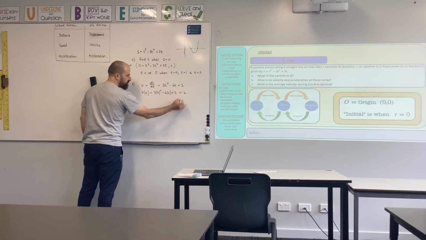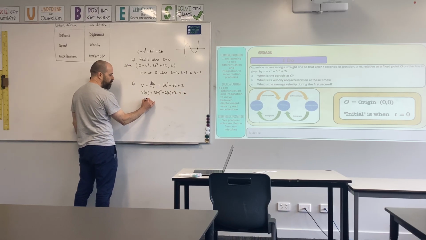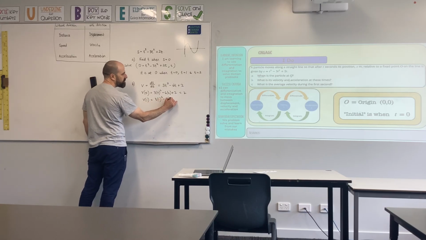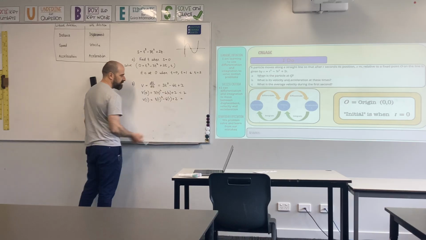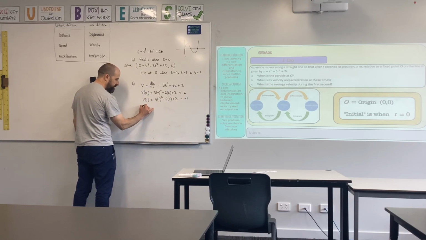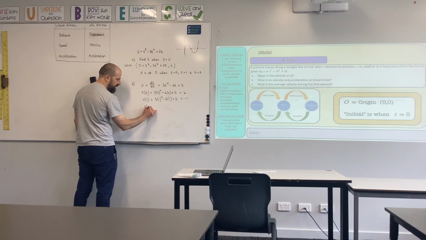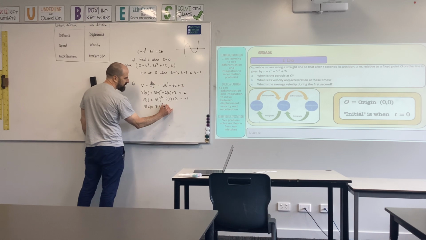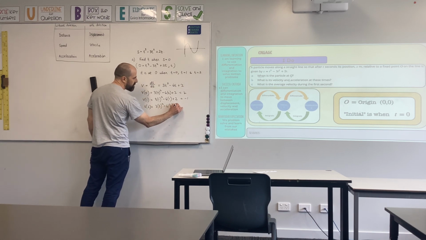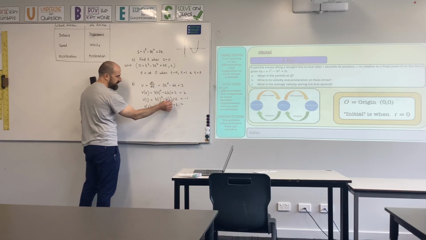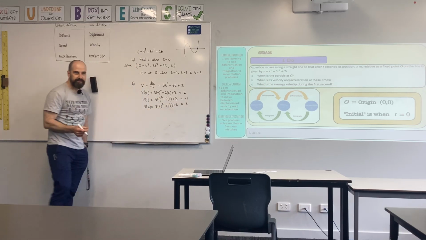Hopefully you know that's 2. When I substitute in 1, 3 times 1 squared minus 6 times 1 plus 2. 3 minus 6 plus 2, negative 1. Velocity at 2 is 3 times 2 squared minus 6 times 2 plus 2. 4, 12, minus 12 plus 2. It's back to 2 again.